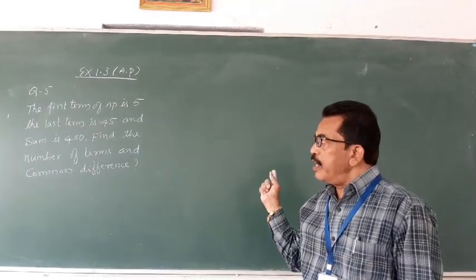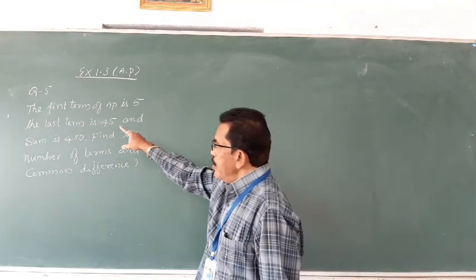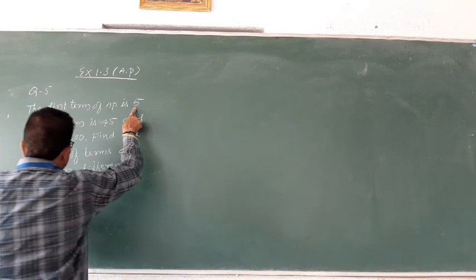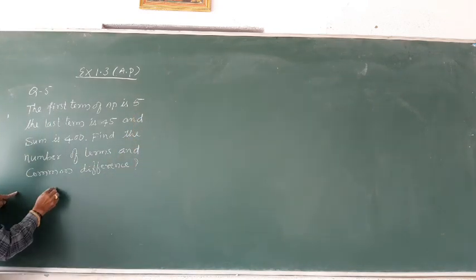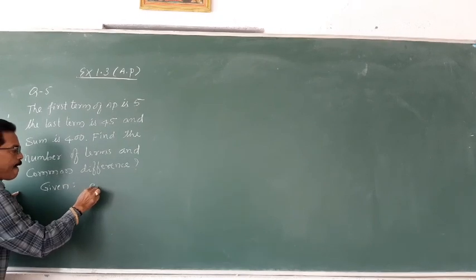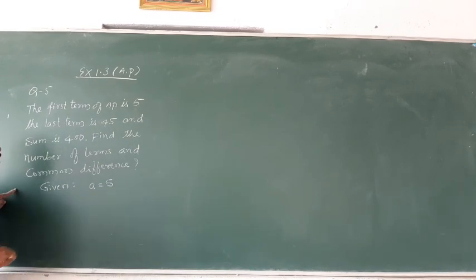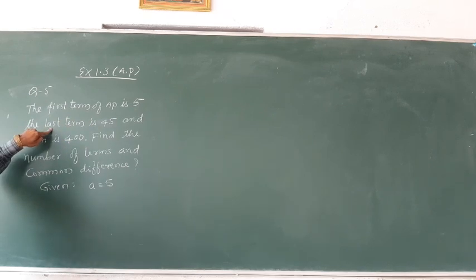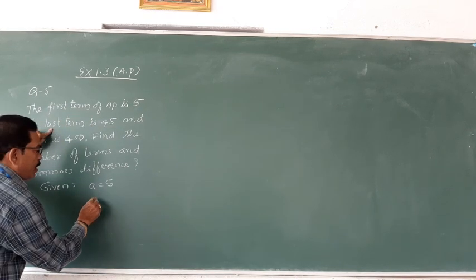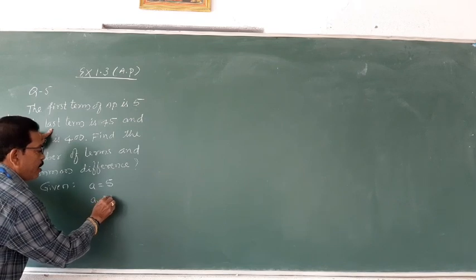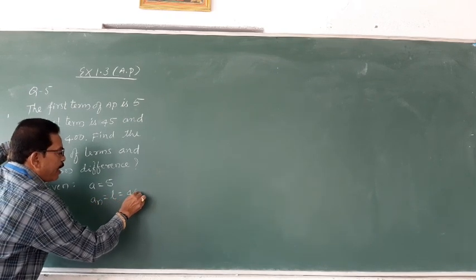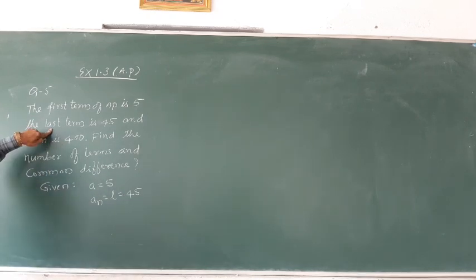Okay, see, in this problem, the first term of the AP is 5, that is a. The last term is 45, that is an, or you can write l equals 45. an equals l, the last term.